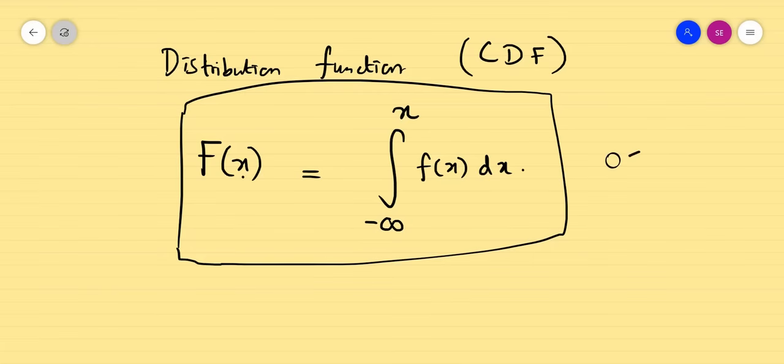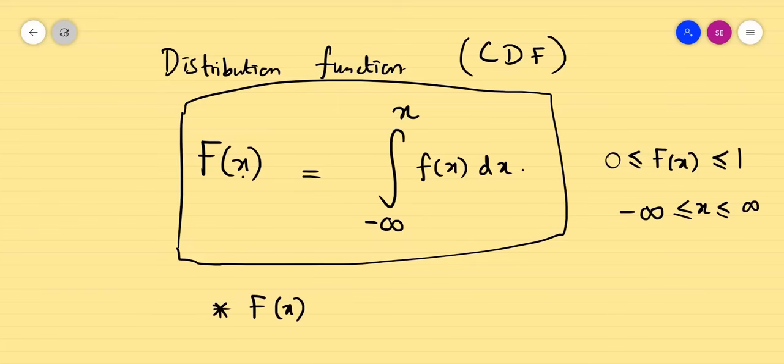As usual, for the properties, the cumulative distribution function always lies between 0 and 1 for all values of x from minus infinity to infinity. And second, important because in a short question, if you are in offline mode, they will ask you to write the properties of the distribution function.